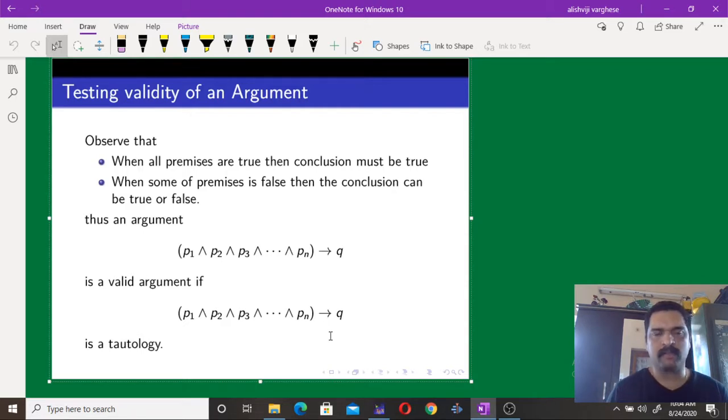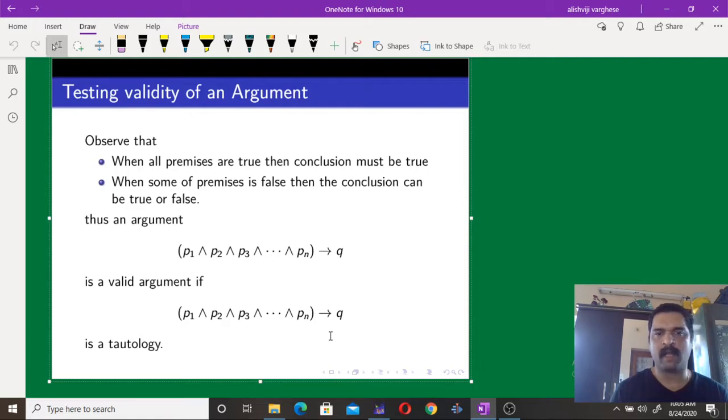We don't have to consider the cases when at least one of the premises is false. Those combinations are not important in our discussion. We consider the cases when all the premises are true. That will reduce our effort to check the validity of an argument.